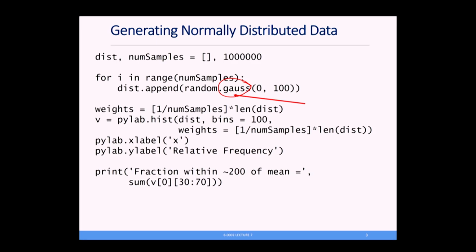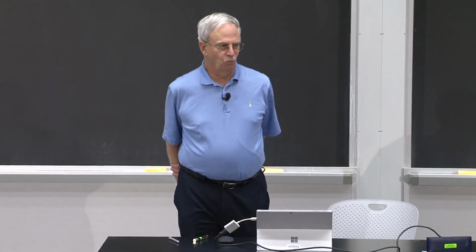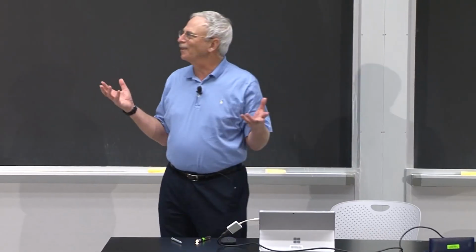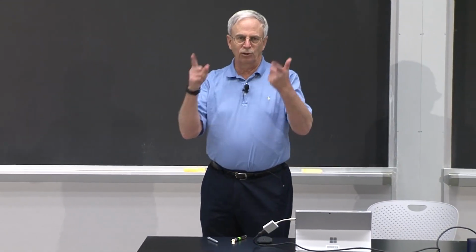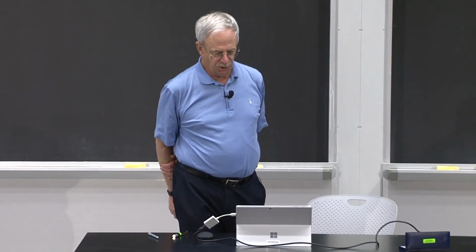The first argument is the mean, and the second argument is the standard deviation, or mu and sigma, as they're usually called. Every time I call that, I will get a different, or usually a different, random value drawn from a Gaussian with a mean, in this case, of 0, and a standard deviation of 100.